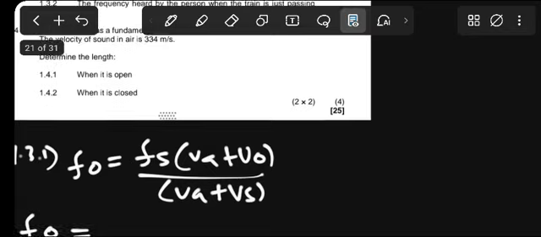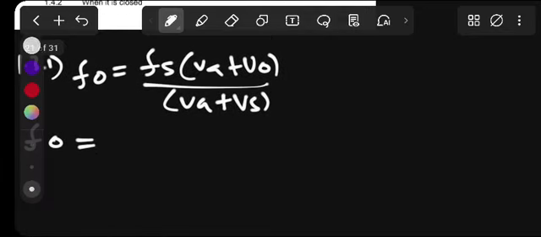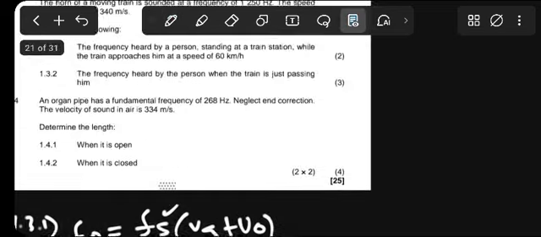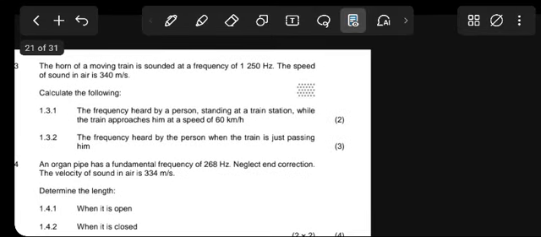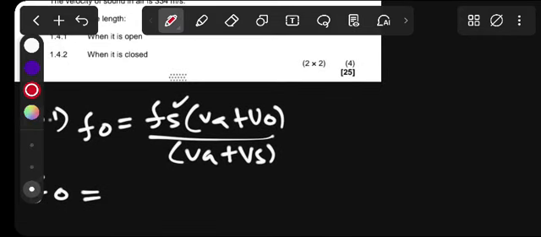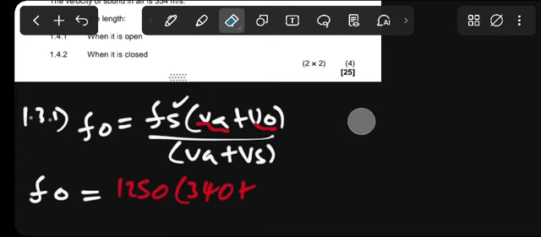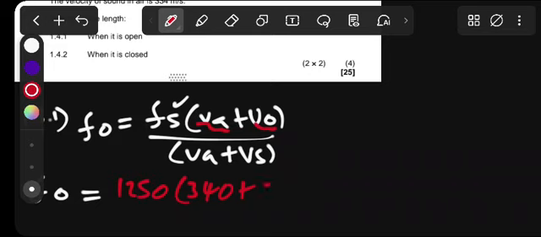So for the frequency of the observer, we substitute the frequency of the source. What is the frequency of the source? The horn is sounded at a frequency of 1250. We have there the source, which is 1250. The velocity of the air, they said we should take this to be 340, plus that of the observer. Remember, it is stationary, so this must be 0 meters per second, so plus 0.